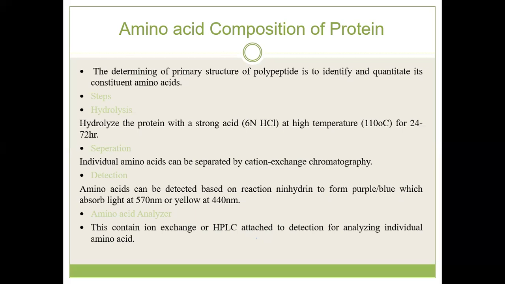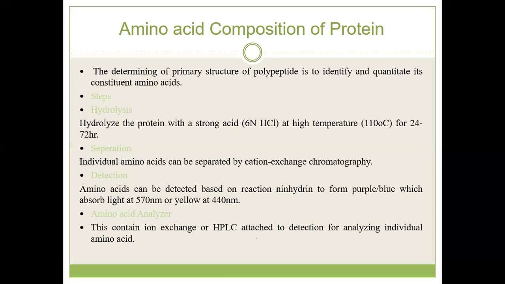Also, in the case of some amino acids like proline, which when reacted with ninhydrin gives a yellow color instead of the purple or blue, it can be measured at 440 nanometer. This method is usually incorporated in the form of what we call an amino acid analyzer.